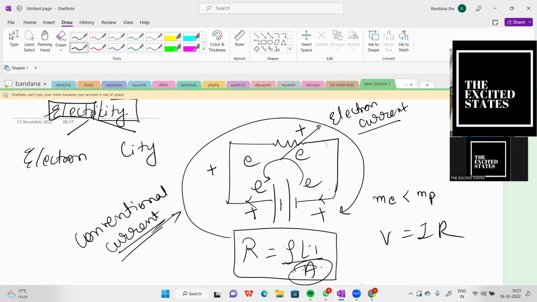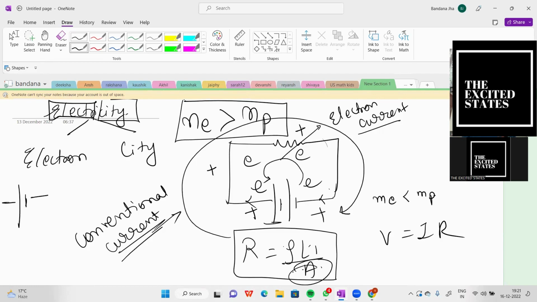It produces more friction if the number of electrons is more than the number of protons. So if electrons are more than protons, then it'll catch fire, obviously because of the friction. Understood?